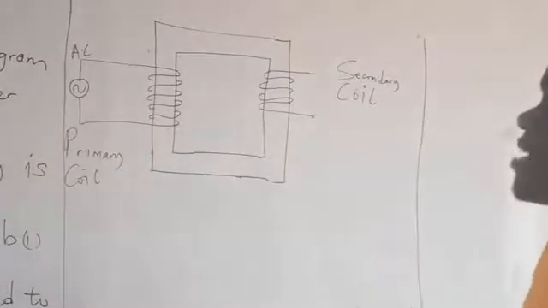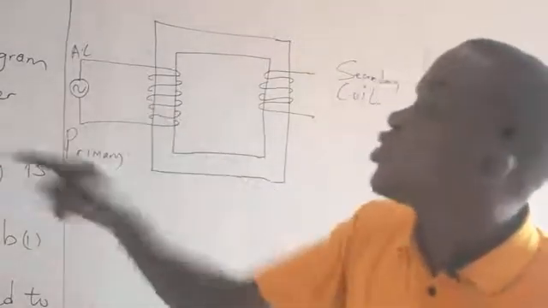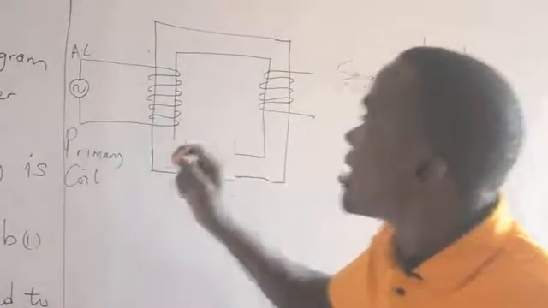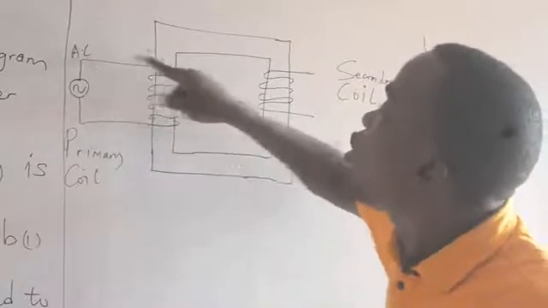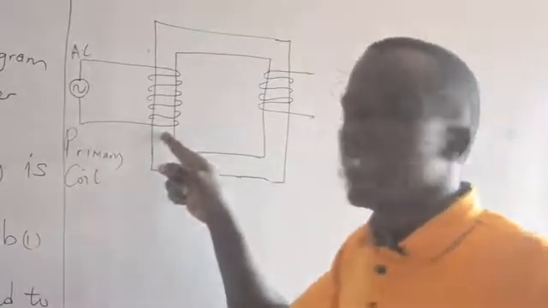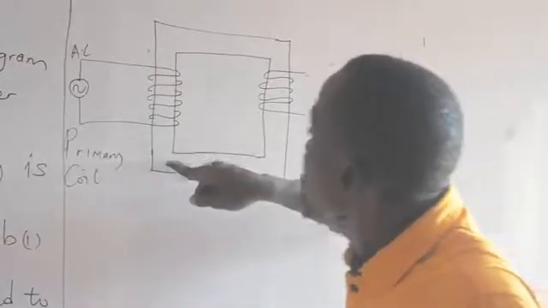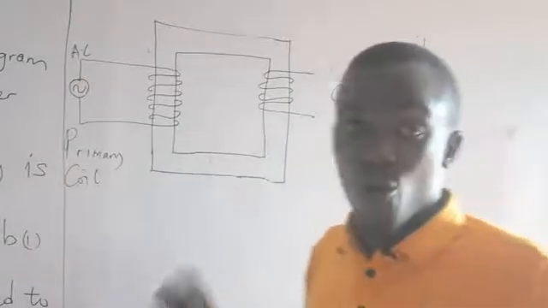The very first thing you say is the turns are connected to the AC source, which is what we have here. Immediately after the turns are connected, an alternating current flows into the number of turns. During that process, an alternating magnetic flux occurs in this iron core.